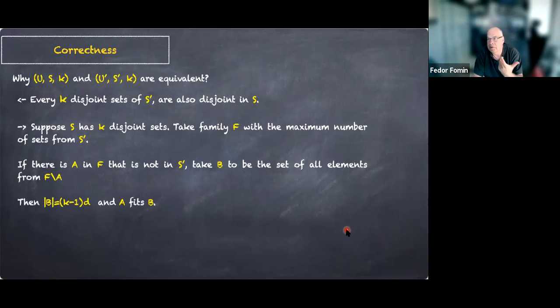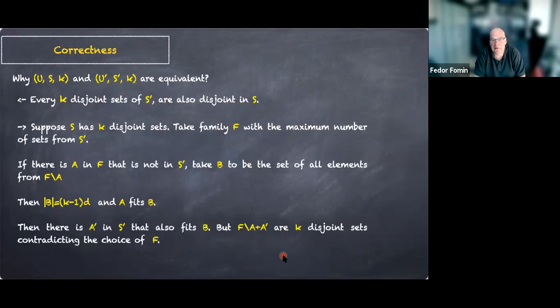Now, the family F consists of k disjoint sets, and every set is of size d, so the size of F is k times d. Now I remove one set of size d from F, which means that the number of elements in B is (k minus 1) times d. Also, because B consists of all elements which are not in A, A and B are disjoint, so A and B fit together.